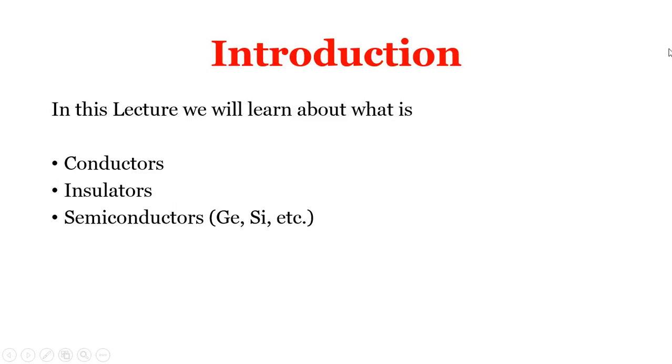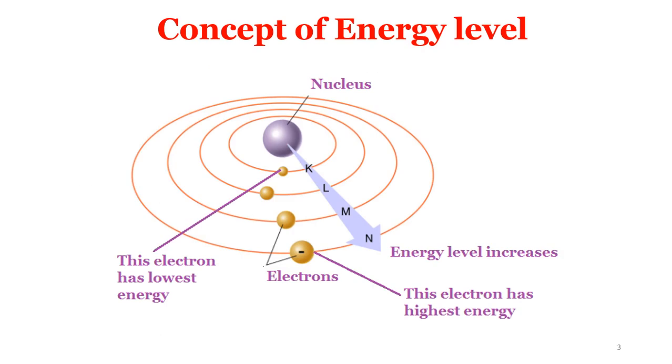So we know that the nucleus is the center part of an atom and the electrons are revolving around it. Let us see the concept of energy level. As we know, the nucleus is positively charged and electrons are negatively charged, and the electrons moving around the nucleus have two types of energies, namely kinetic energy and potential energy.